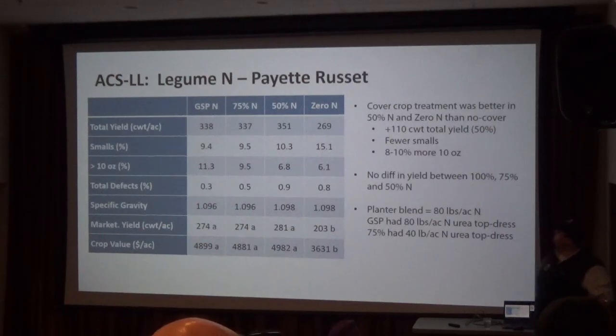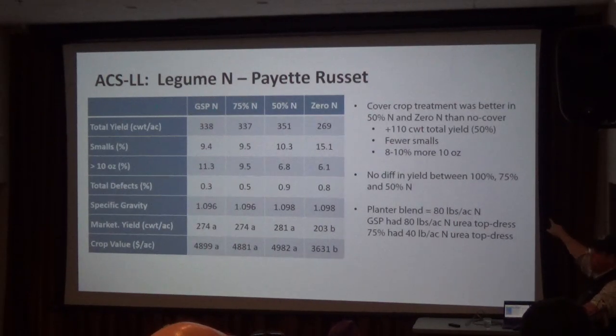And then our final one, this is the best yielding of the trial, so this is Fayette Russets. It was planted last, harvested last. In this one, again, there's no difference statistically between the three top nitrogen rates. Numerically, the best yield is with the 50%. In this one, we did see the cover crop was better than the no cover for both the 50 and the 0N.